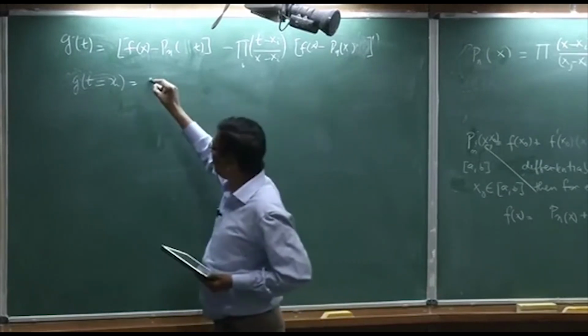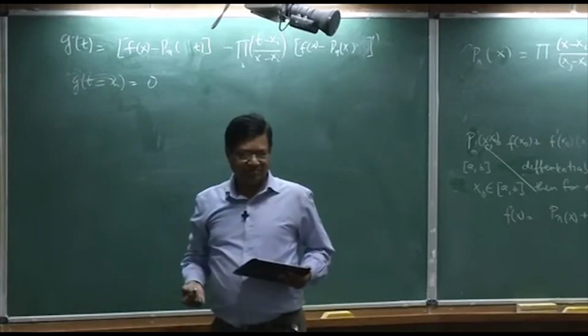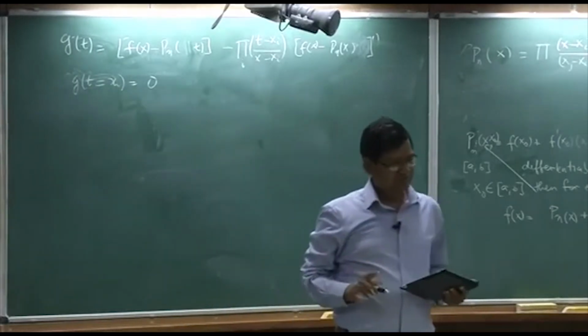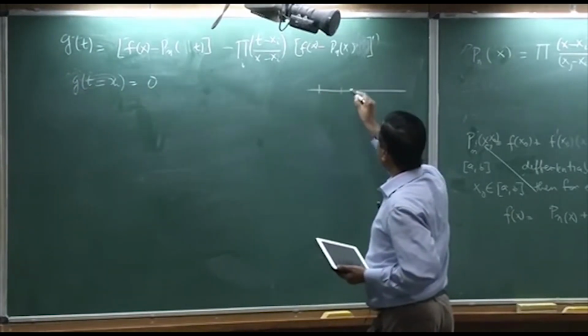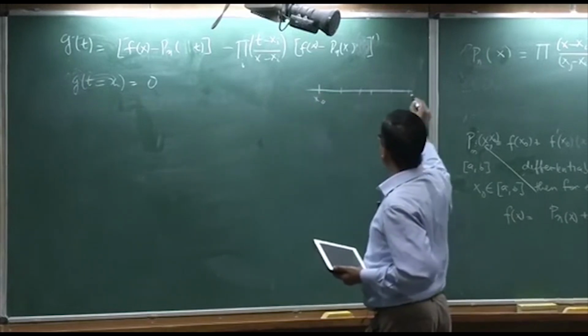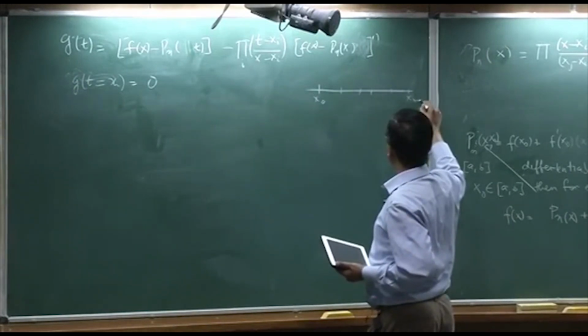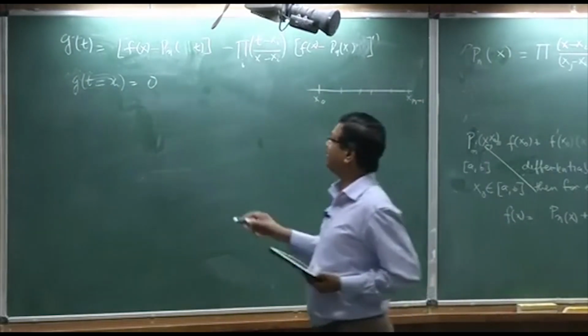So, it is 0 at all xi's, and how many of xi's are there? N of them. So, it is 0 at n points. So, if I take all these points x0, this function is 0.